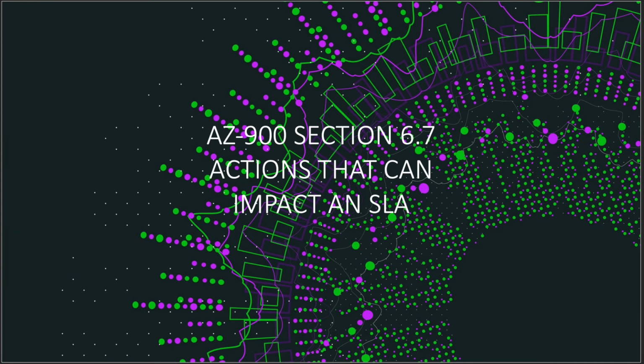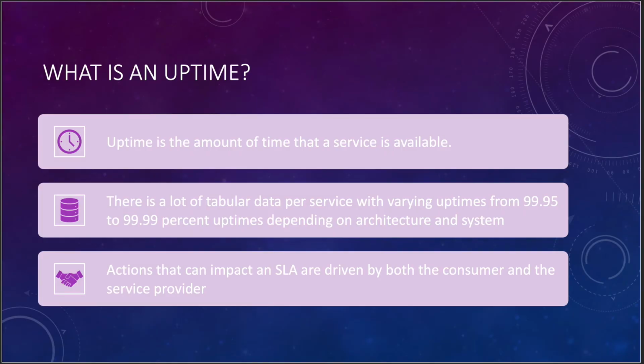So in this section, we've been talking about SLAs an awful lot and what they do and what they don't do. And one of the big things to really understand is what is uptime. Uptime is the amount of time that a service is available. That's the amount of time it can do work for you or process or whatever it is it's doing. And when you go to the Microsoft website, you're just going to see this absolute plethora of tabular data.